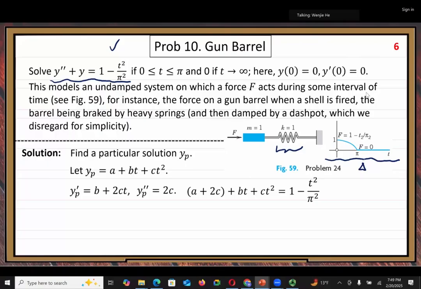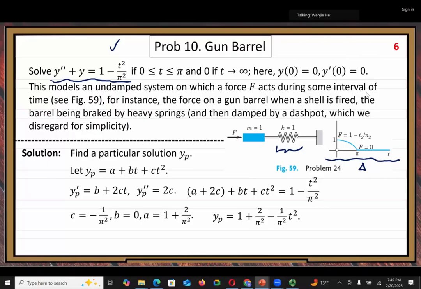So you get an equation like that. Then you determine A, B, C. You compare three coefficients: quadratic, linear term, constant term. So you can find the A, B, C values. Then you get a yp expression. But that is for the first piece of the driving force.